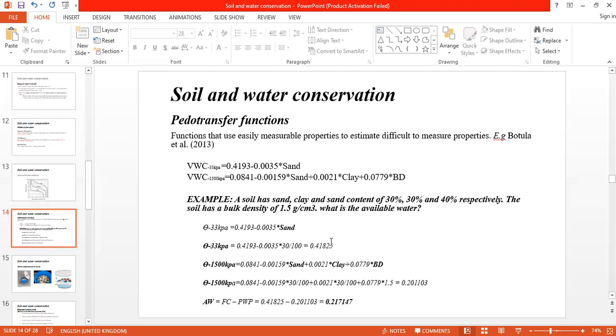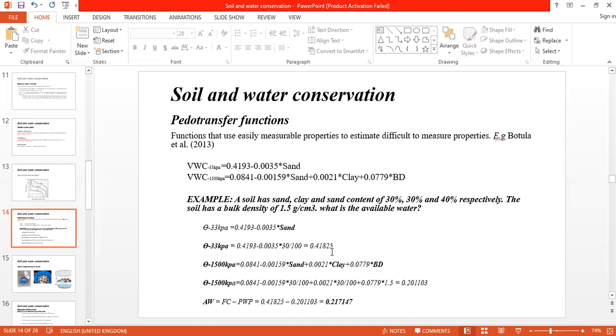This is the volumetric moisture content. So it basically means that 40% of that soil is water.